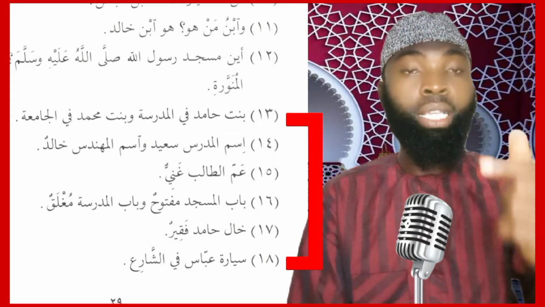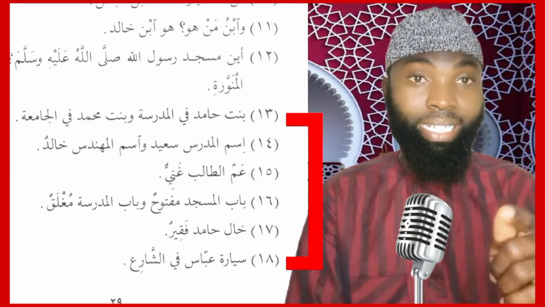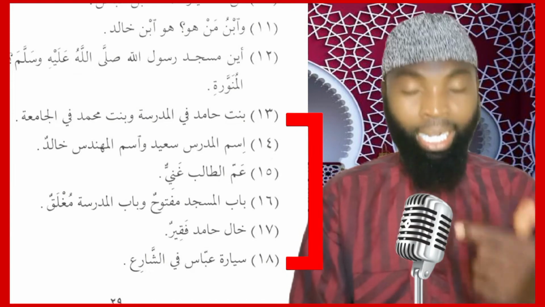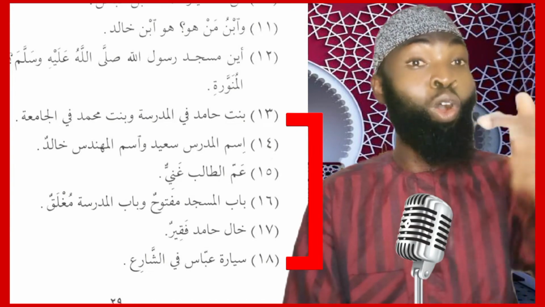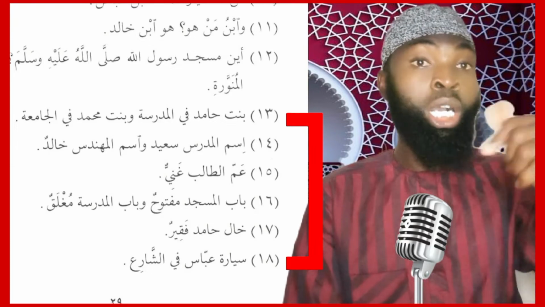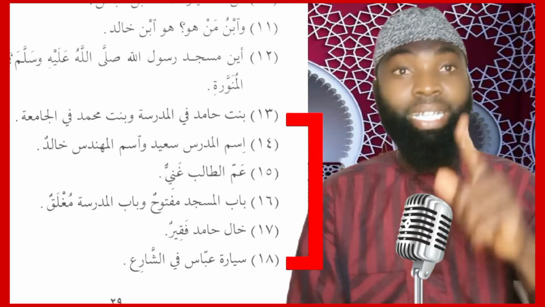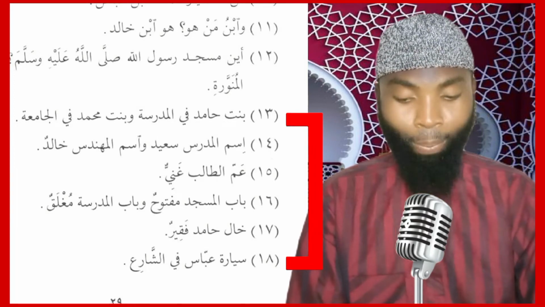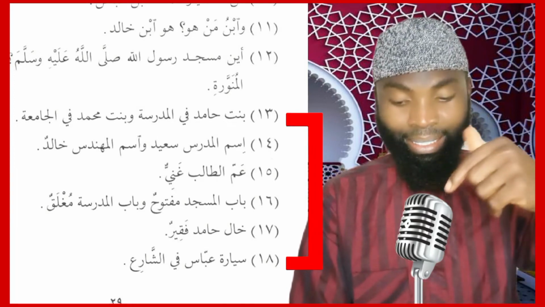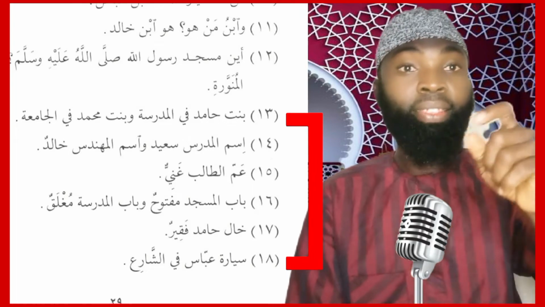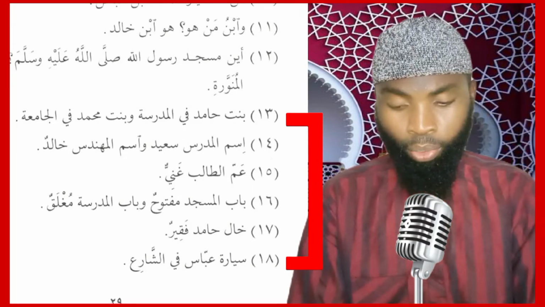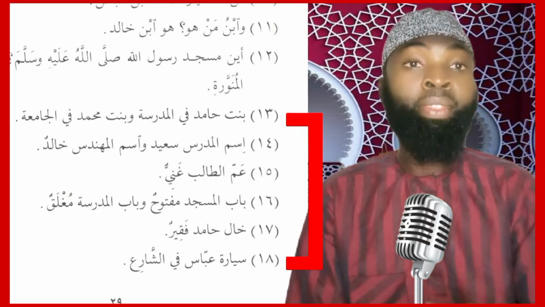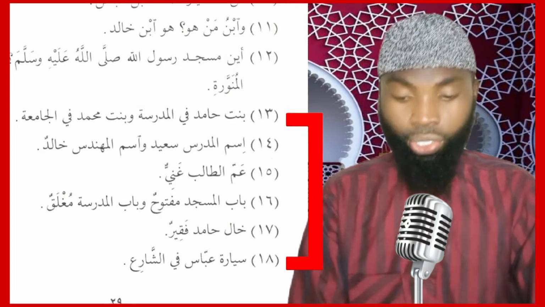Wasmul Muhandisi Khalidun. And the engineer's name is Khalid. 15. Ammut Talibi Ghaniyun. The student's uncle is rich. Notice that. Number 16, Babul Masjidi Maftuhun. The mosque door is opened. Wa Babul Madrasati Moghlaqun. And the school door is closed.